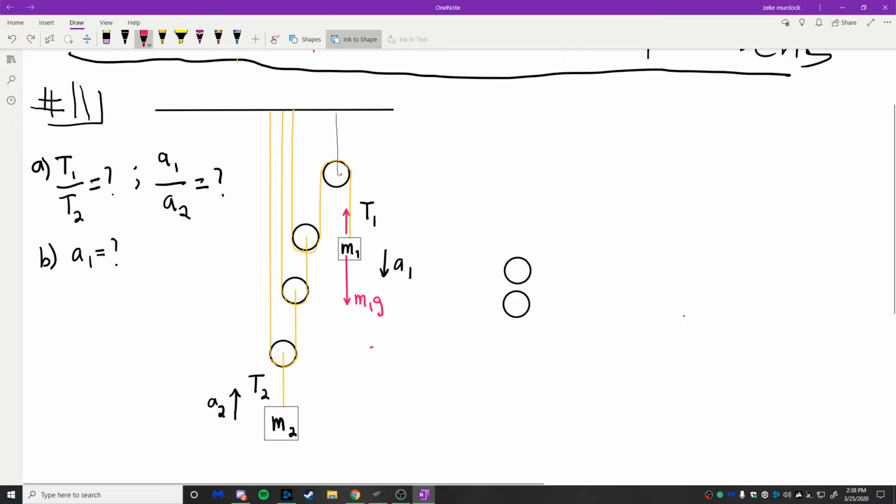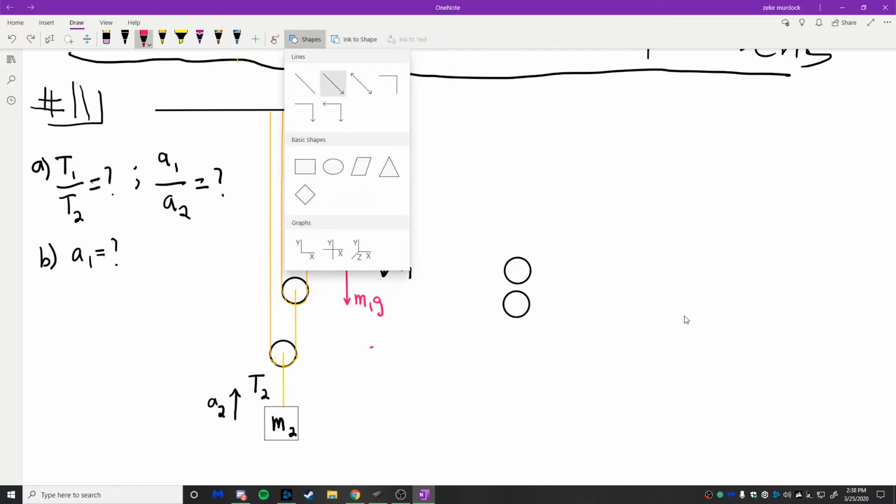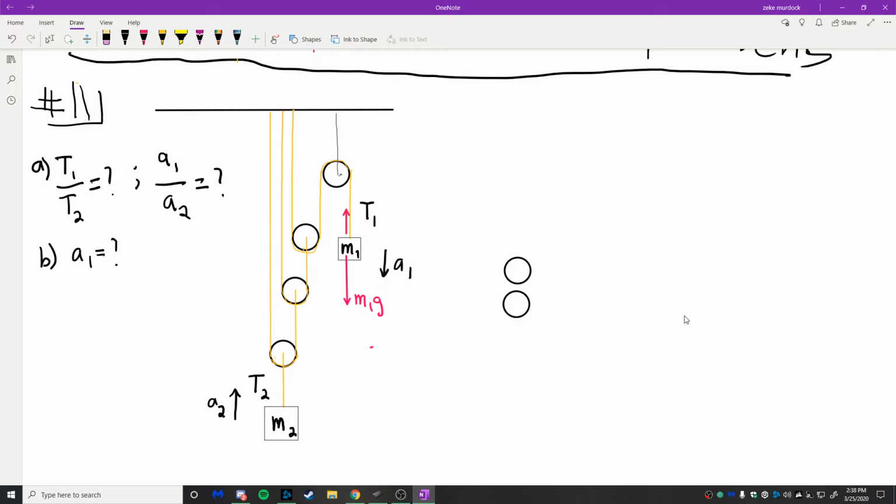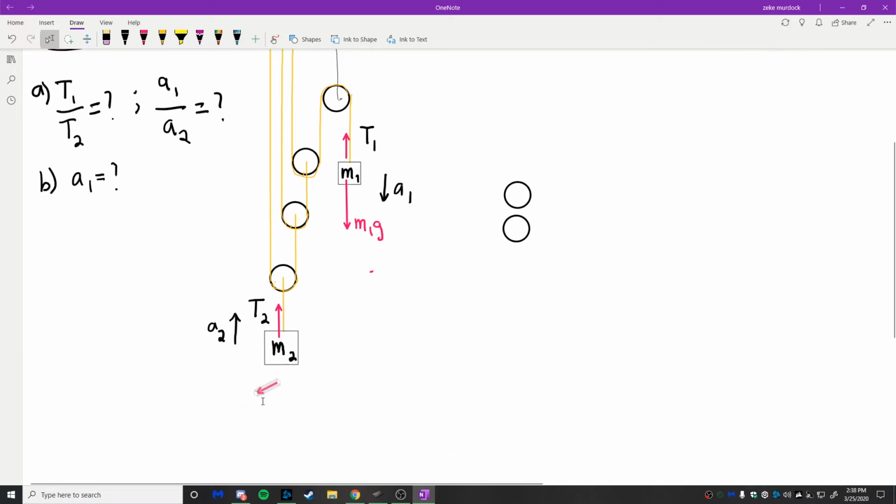Okay. So shapes, this one, there's a force going up, that's T1. And what if I just copy paste that? Just use my mouse. The mouse seems way easier to use. I think the first one's slightly not straight, so it's doing that.